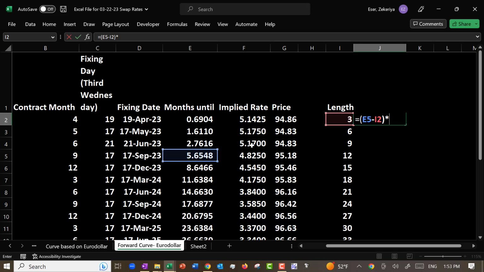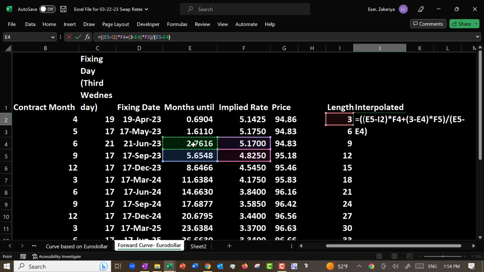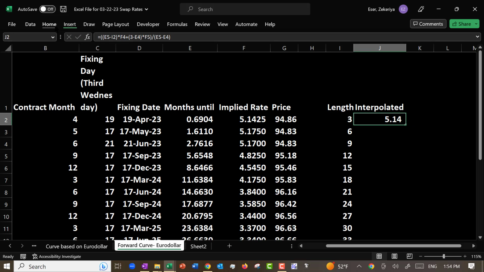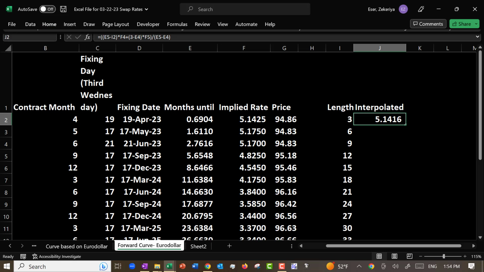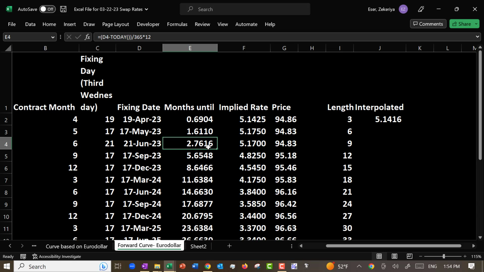That one. So it's much closer. Much closer to 2.76 than it is to 4.82.